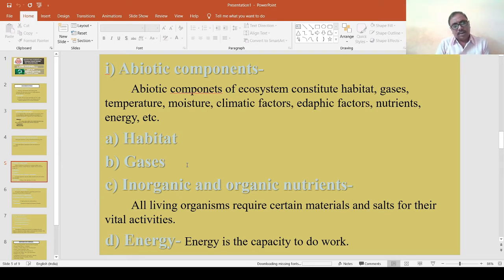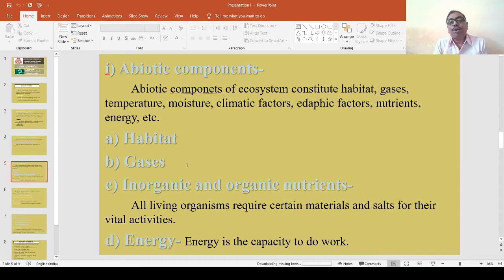For example, CO2 is required by plants for the process of photosynthesis. Then oxygen is required for respiration, nitrogen for growth, and so on. The major source of gases is the atmosphere. Some gases are dissolved in water and present in soil. In this way, among the abiotic components of ecosystem structure, habitat and gases play a vital role.